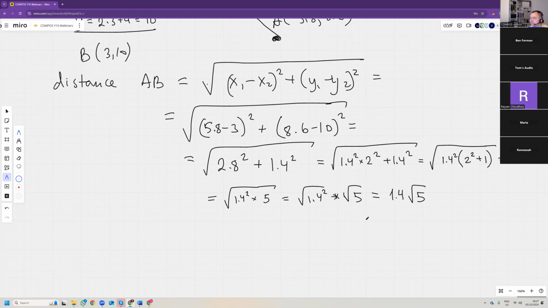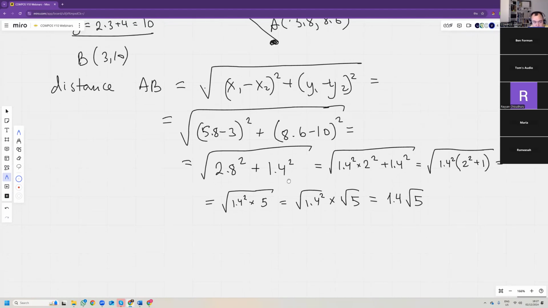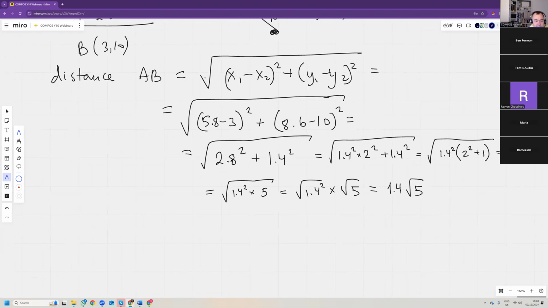Okay. Did you understand what I did? Rather than calculating, I noticed that 2.8 is 1.4 times 2. So I took 1.4 out. That's what I did. And then I was left with square root 5.